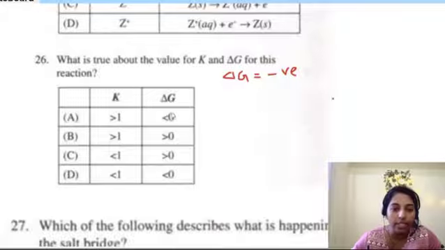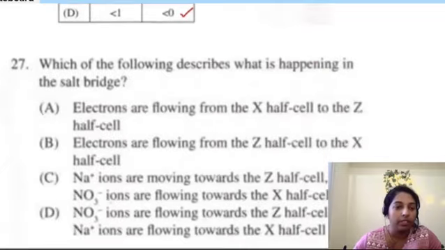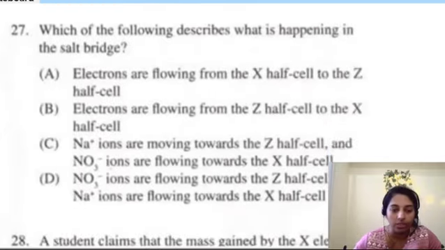And what about K, our equilibrium constant? We know there is more product. This kind of cell reaction is always a product-favored forward reaction. So you have to choose a K value which is much greater than 1. Right? So which option? Yes, option A. Got it? Right. Then the 7th one.